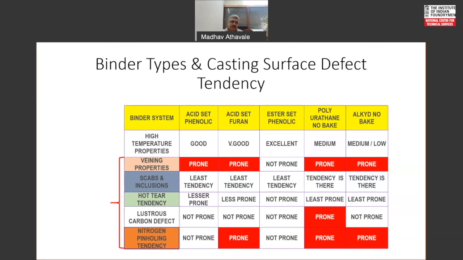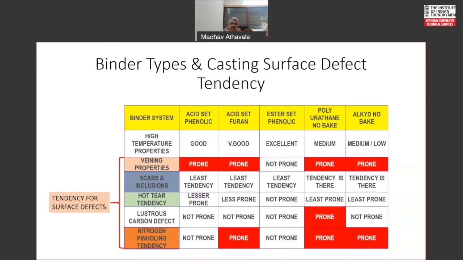Only from a surface finish point of view, tendency for surface defect: if you see veining, ester set phenolic is very little prone for veining.